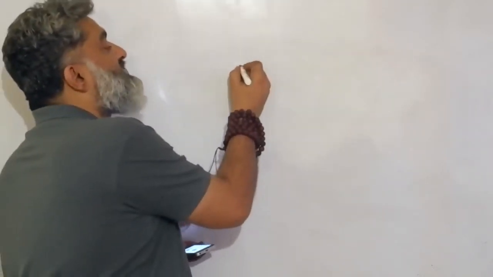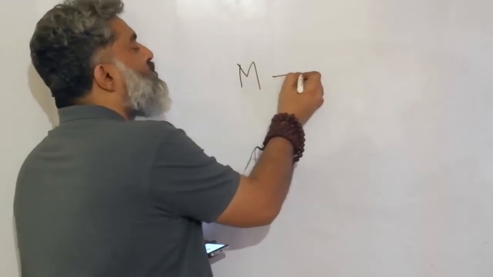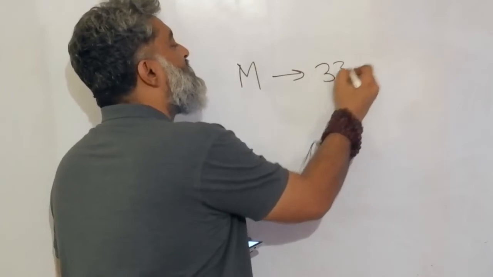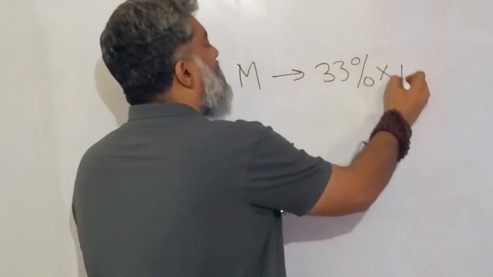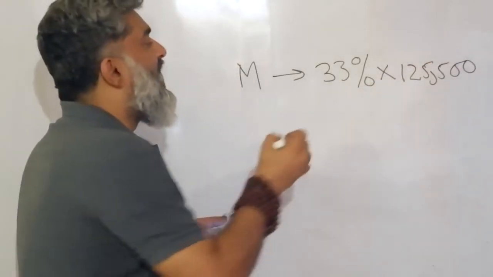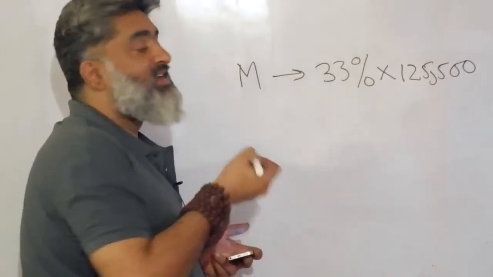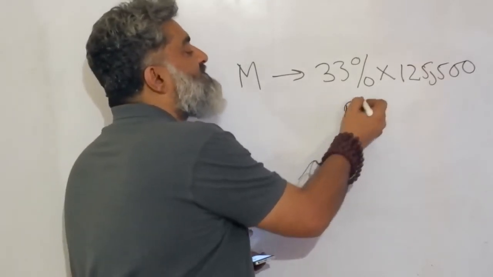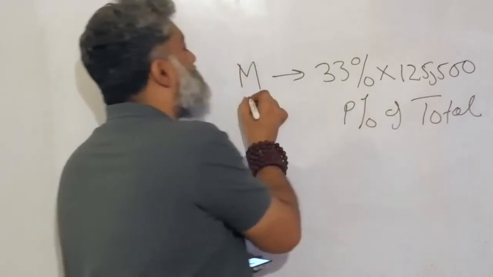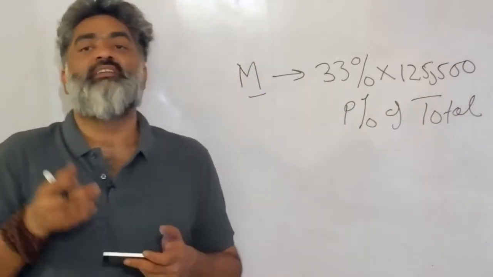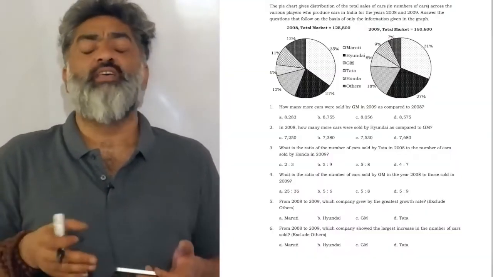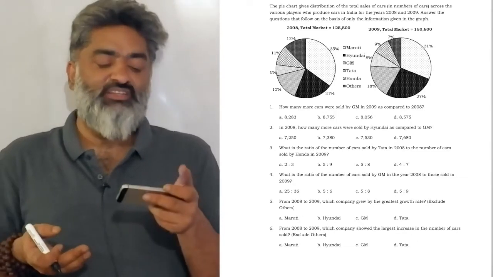So if I ask you what is the number of Marutis sold, you should be able to come up with this answer very quickly, that it is going to be 33% of 1,25,500 or whatever the value is. I'm not even interested in the 33%, I'm interested in the concept that it is some percentage of the total, and I can find the number of Marutis. Not only the number of Marutis, I can find the number of Hyundais, GM, Tata, Honda and others. That will be a very easy level challenge indeed.